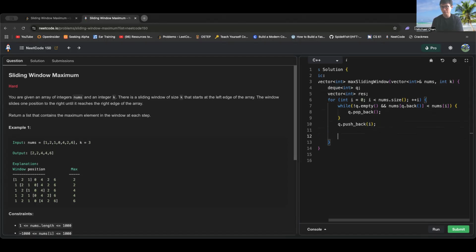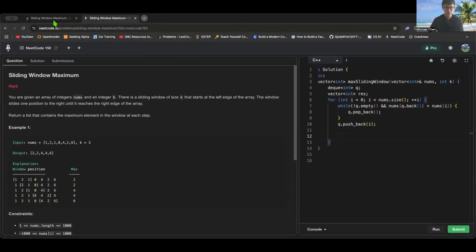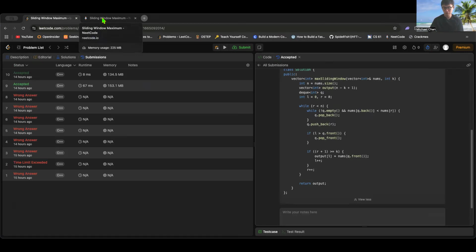Then once I have that, then the queue will be normal. Then what was it? Hmm. And then if L is bigger than q dot front, q dot pop front.